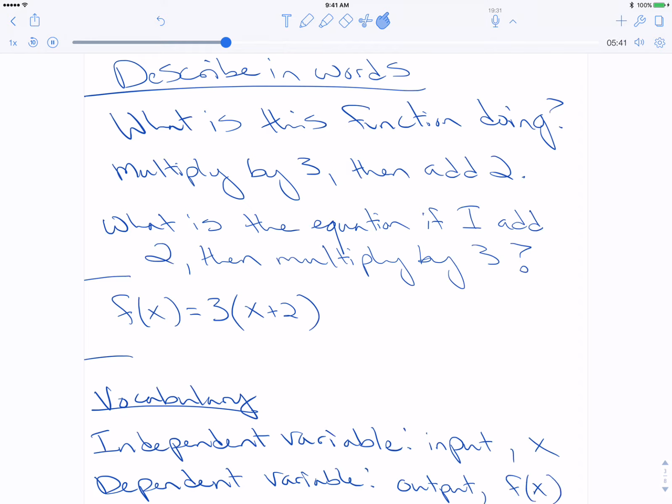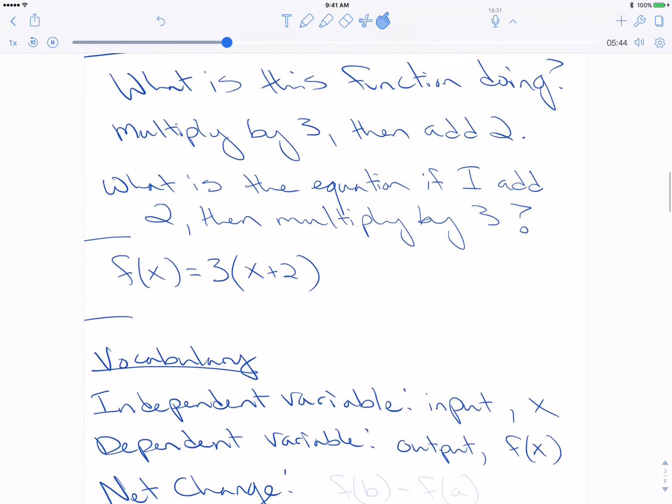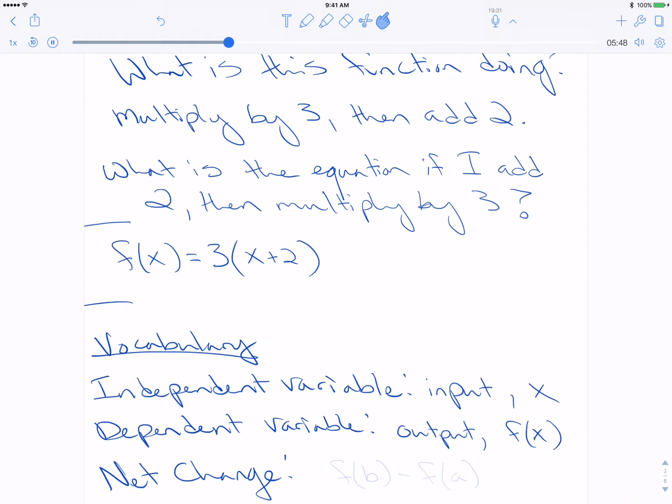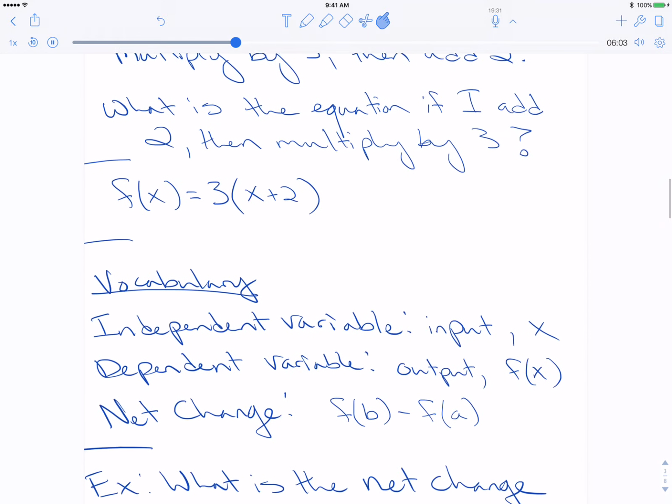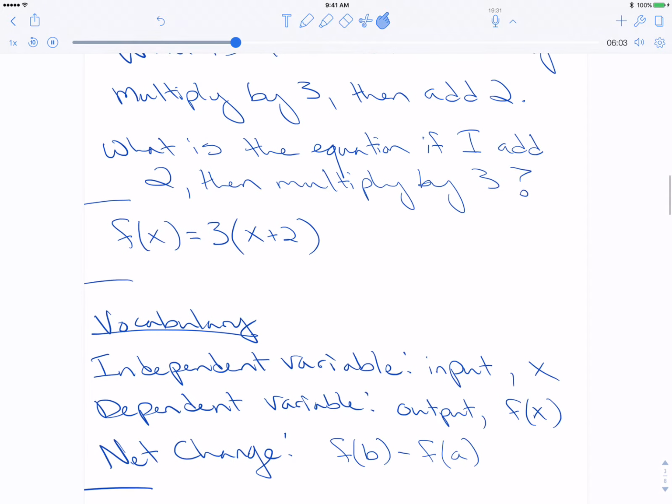Net change in the context of function notation can be evaluated from some values of x, a and b, as the function evaluated at b minus the function evaluated at a, where b would generally be greater than a, or at least later in the data set.